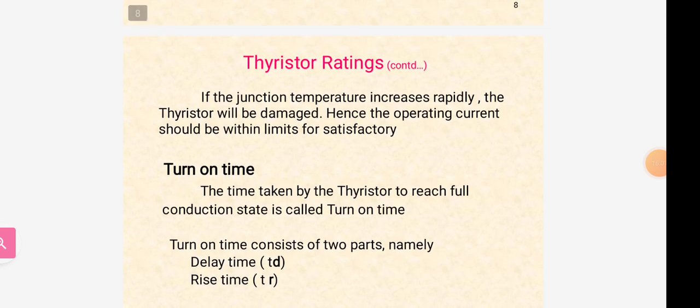So in this, the surge current ratings. When a thyristor is working under its repetitive voltage and current ratings, its permissible junction temperature will not be exceeded. In order to withstand abnormal operating conditions due to faults or short circuits, it is necessary to specify the surge current ratings.